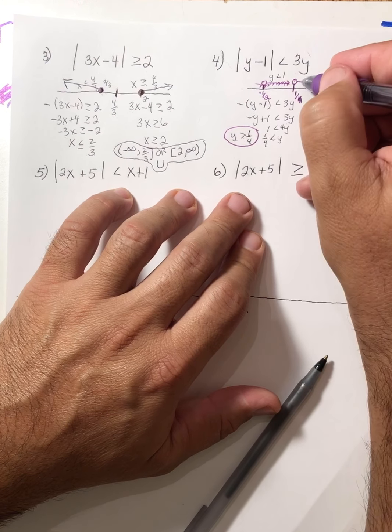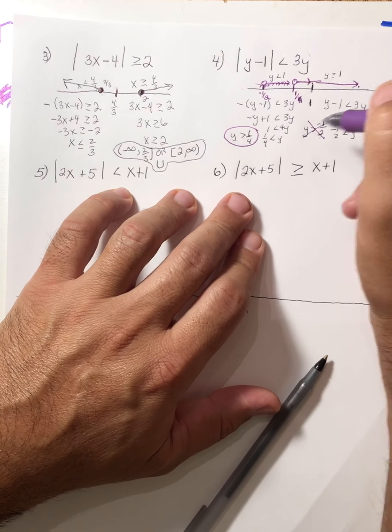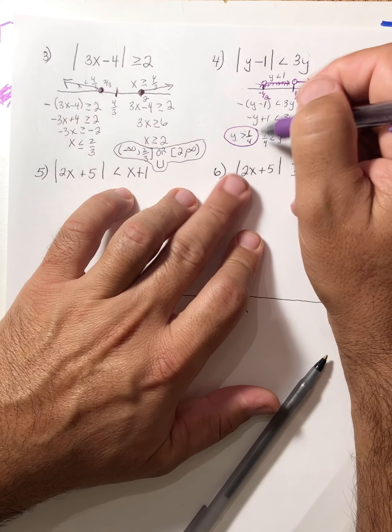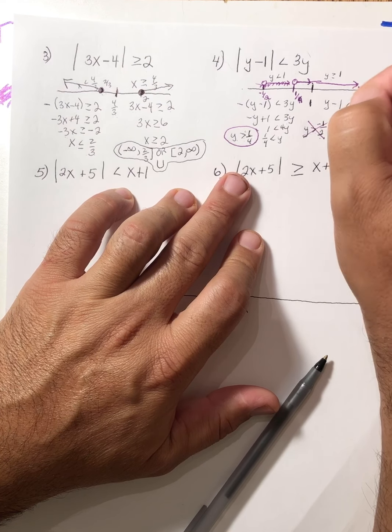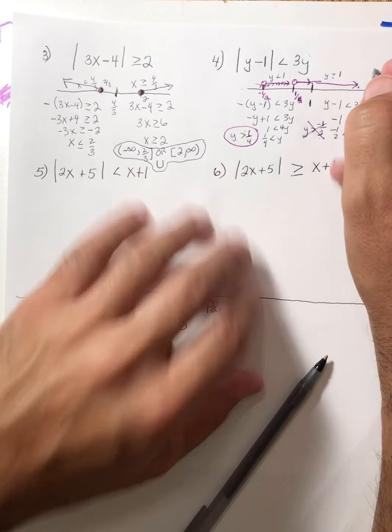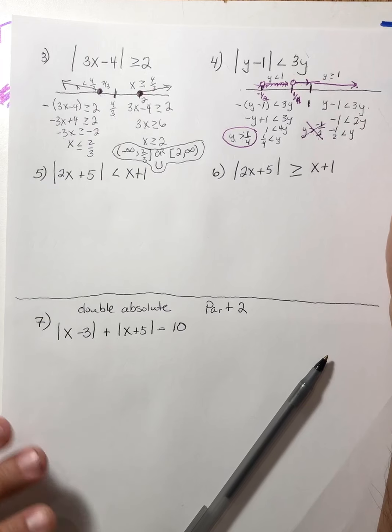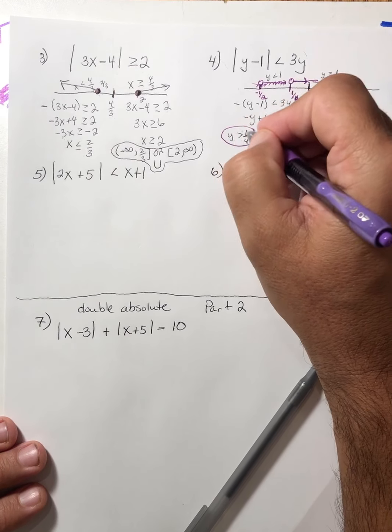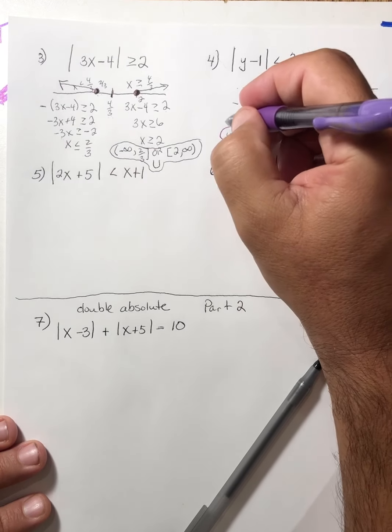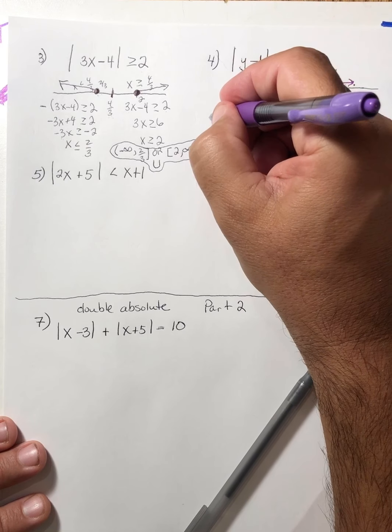Our solution then is only y is greater than 1/4. Anything between negative a half and 1/4 does not exist. That's just how we do the solutions here. That's the uniqueness about these inequalities. So here's our solution: y is greater than 1/4. If you want me to write that out as interval notation, it would look like this.